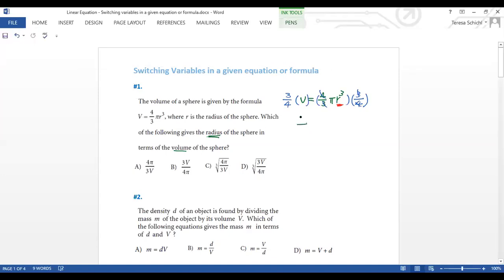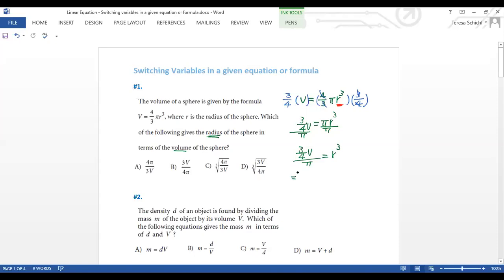That's why you have 3/4 V equals pi r cubed. And what is the next thing you need to do? You divide by pi. So this is 3/4 times V divided by pi, and this is r cubed.